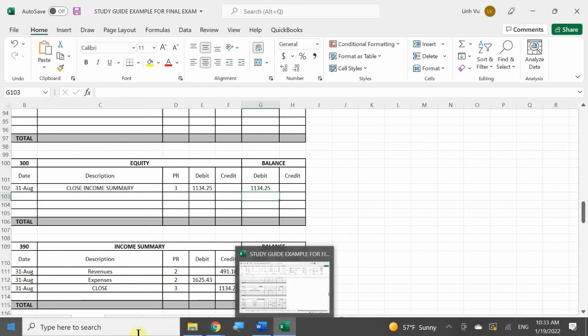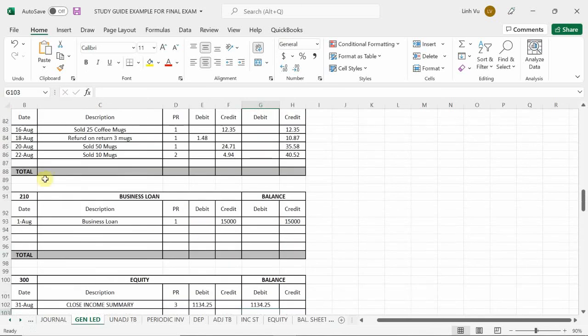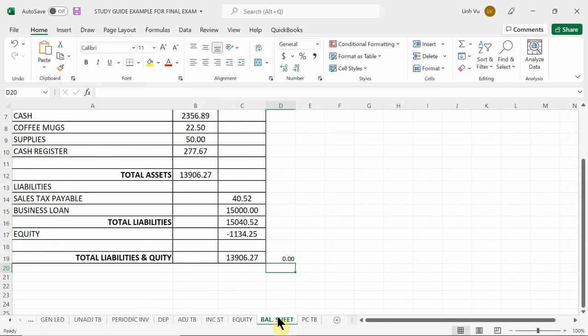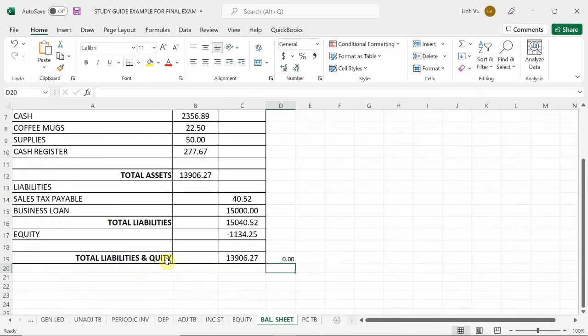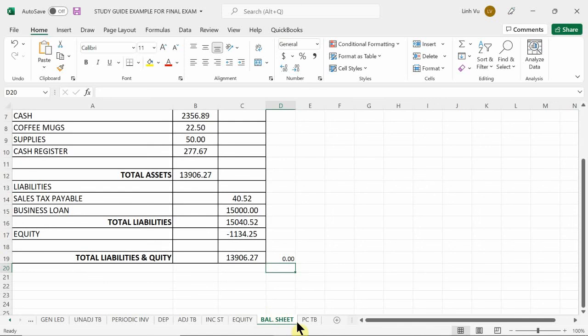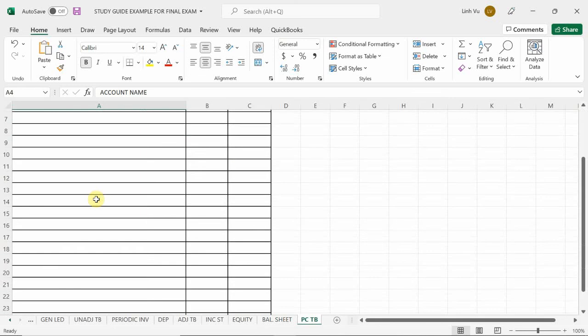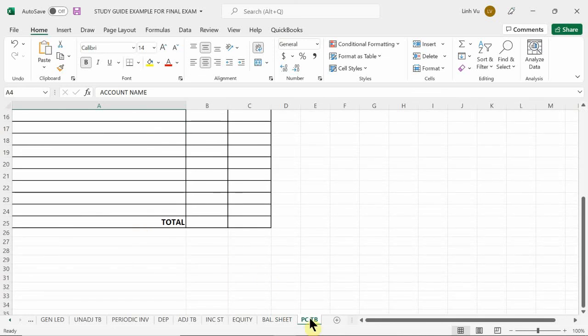Right. Last but not least, since I did my post-closing, I have to do my post-closing trial balance now, which I taught you, right? It's more or less going to be an exact replica of my balance sheet. The only difference here is I just have to convert this because we're not looking for our total assets or total liabilities or anything like that, but it is going to be more or less a copy of the balance sheet.